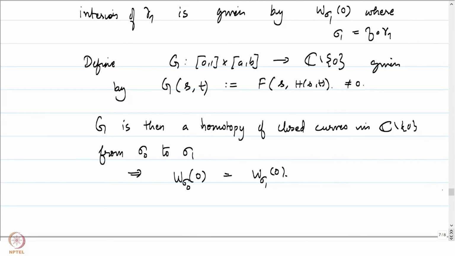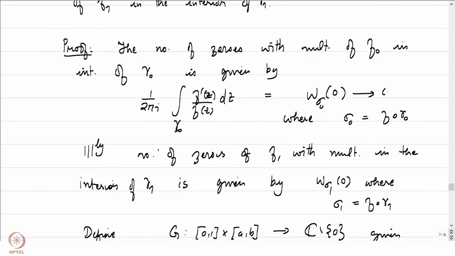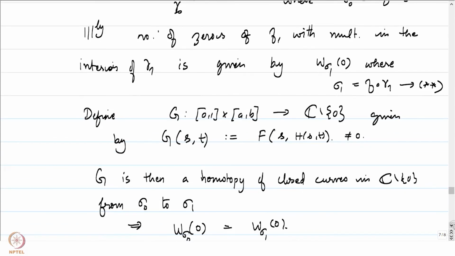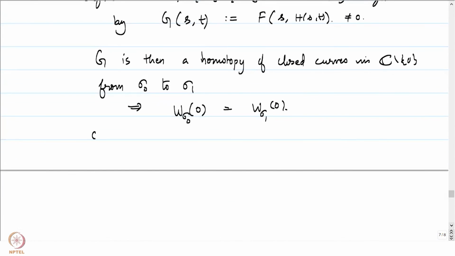That tells us, from the two starred equations, that the number of zeros counting multiplicity is the same for f0 and f1 in the interior of gamma 0 and gamma 1 respectively. Hence we get the result.